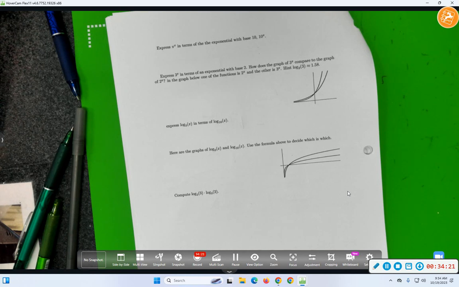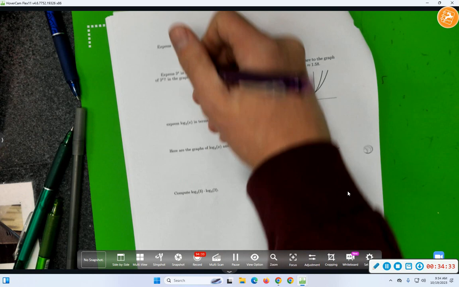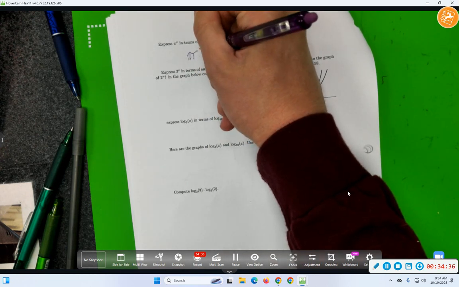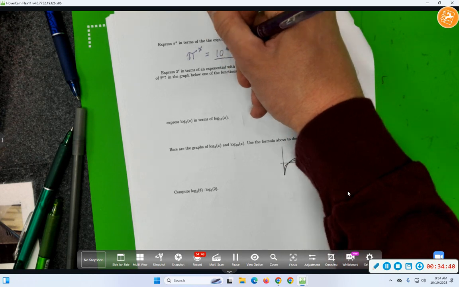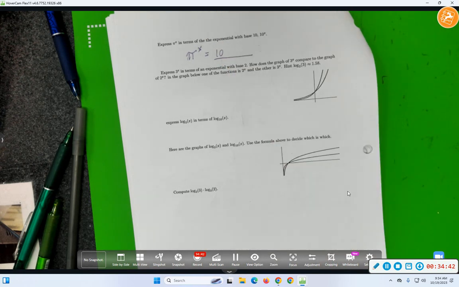And here's one, just one super straightforward. Look back at the change of base formula if you need. What is pi to the x in terms of an exponential with base 10? Pi to the x is 10 raised to what power?